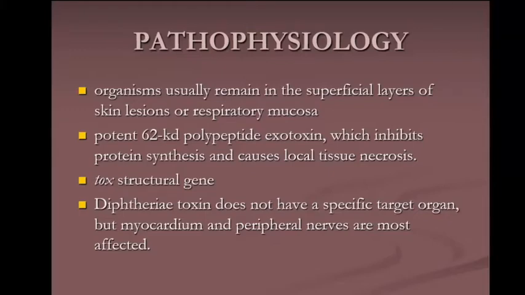So because of these two factors, one is the local mechanical obstruction by the membrane, and otherwise also the toxin, which can have local effects. That is diphtheria toxin, and it doesn't have a direct target organ, but complications are there in the heart and nerves later on.